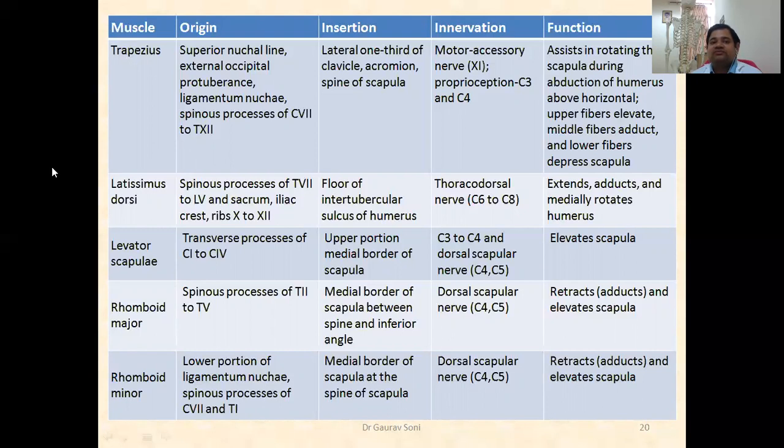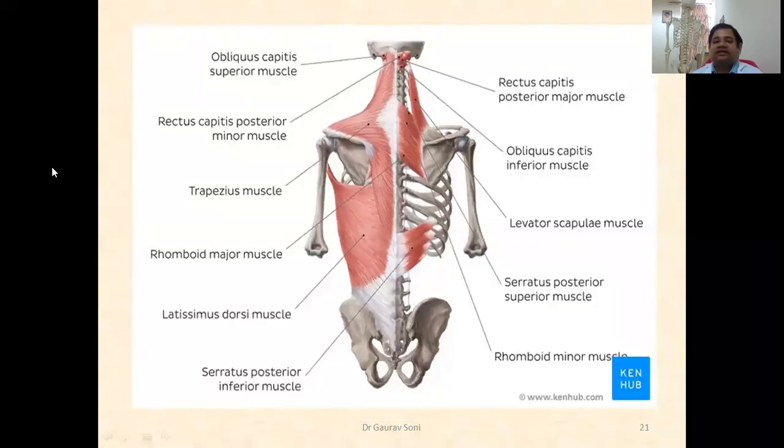The special cases here are trapezius and latissimus dorsi, which you have to give a little more importance to learn. You can see this diagram. This whole thing, starting from here to here, is the trapezius muscle, very big and very bulky also, and this is latissimus dorsi, which is going to insert in the bicipital groove of the humerus.